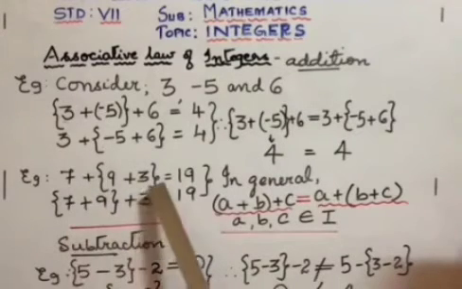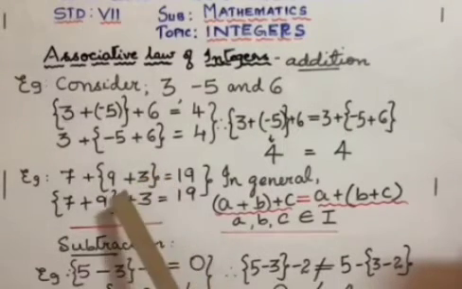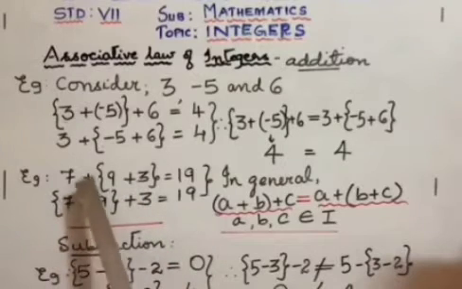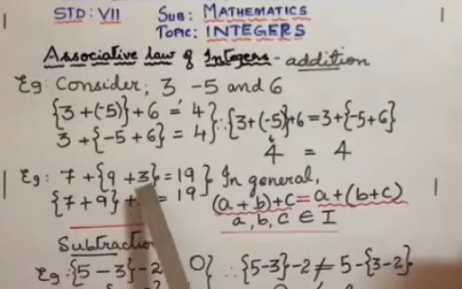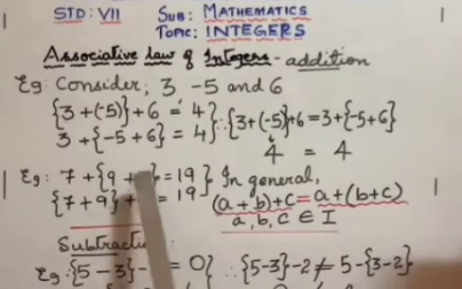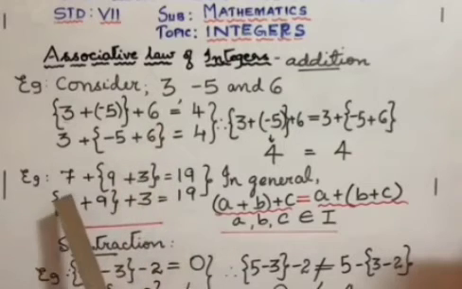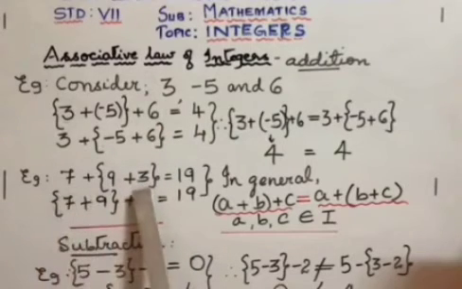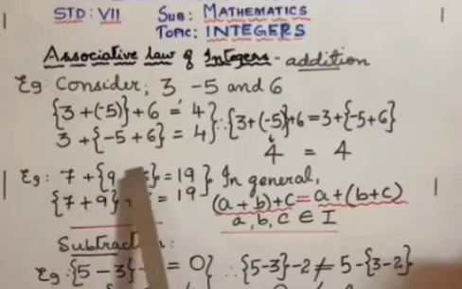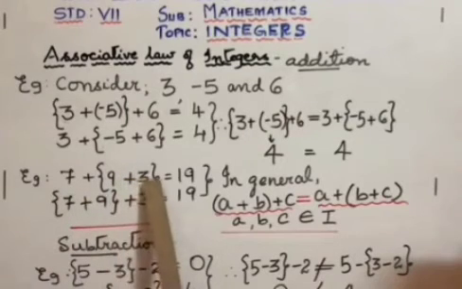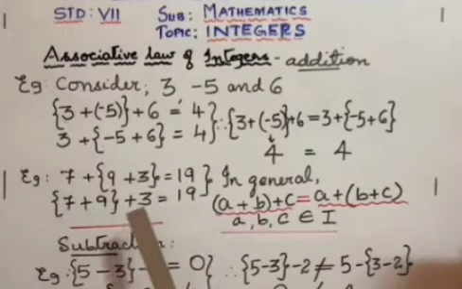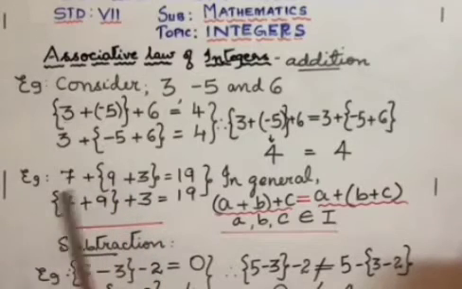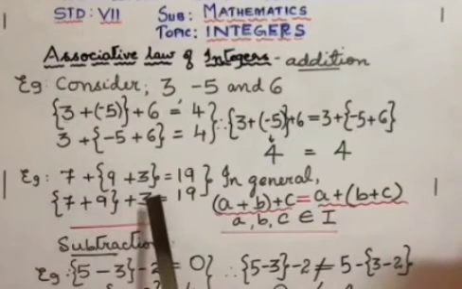I have taken all positive integers. Okay? See, this is easy for you to understand. The same thing, I have given different integers that are positive, for you to understand better in case you have a doubt here. Here I have taken 7, 9 and 3, all are positive. First I have grouped 9 and 3. So 9 plus 3 is 12. 12 plus 7 is 19. In the next case, I have grouped 7 and 9 and 3 is outside the bracket.